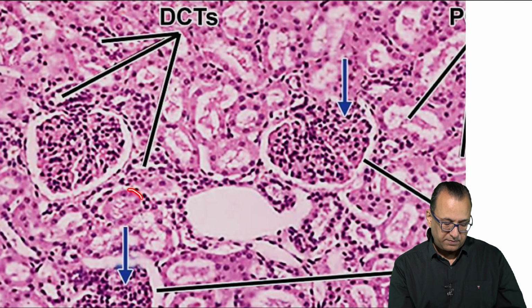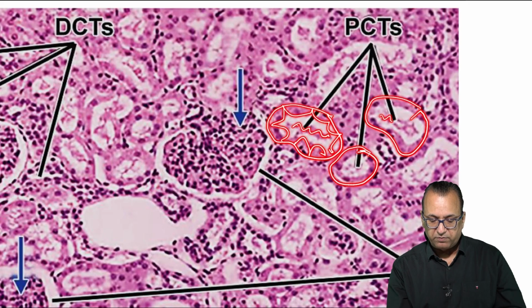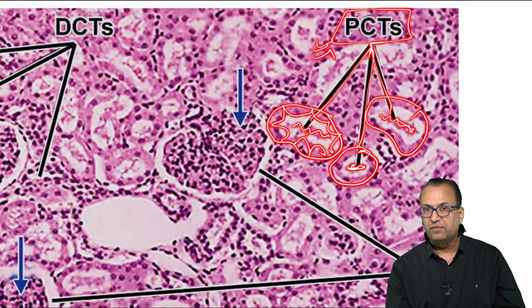And the PCTs, which we have marked here, this is the PCT. This is the PCT. The cells are cuboidal, but the lumen has these broken microvilli, you can say, and it is basically becoming a not very clear, hazy lumen. That is PCT.